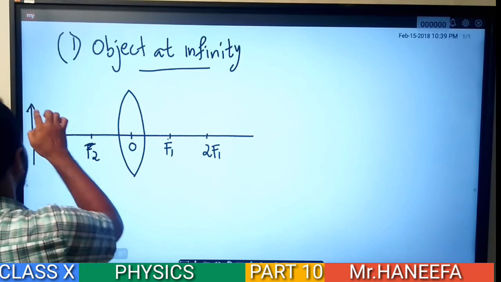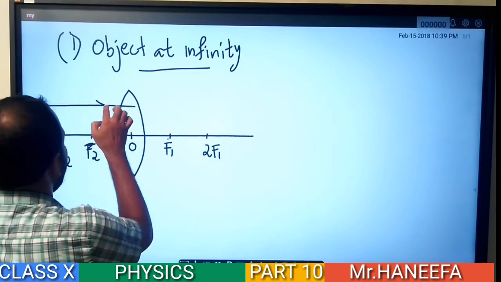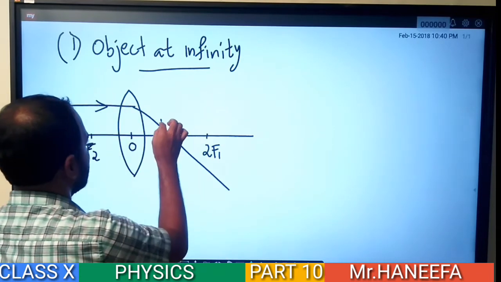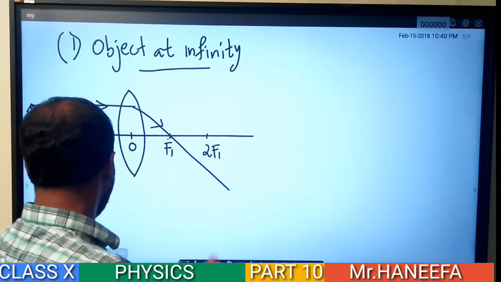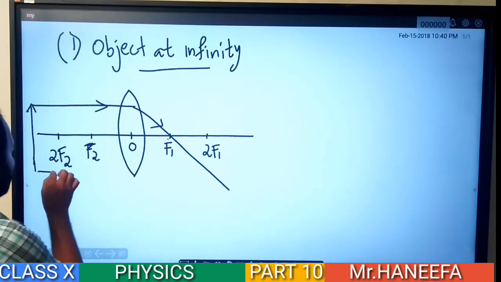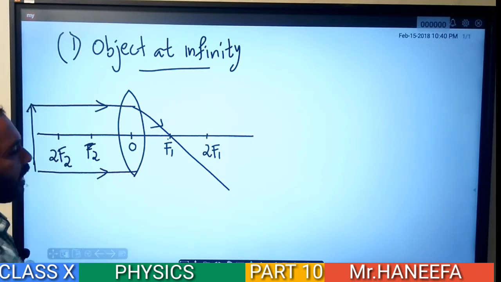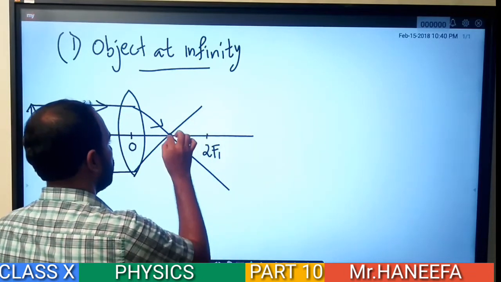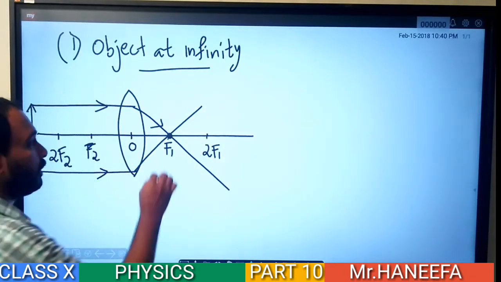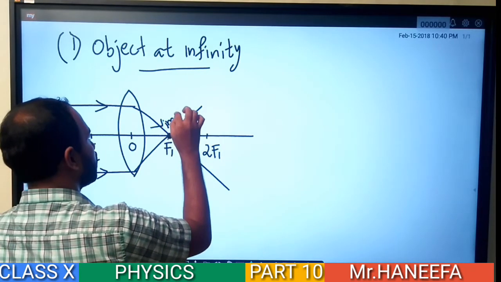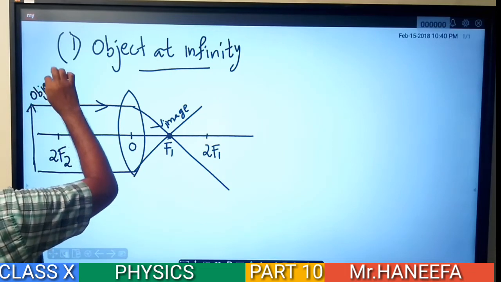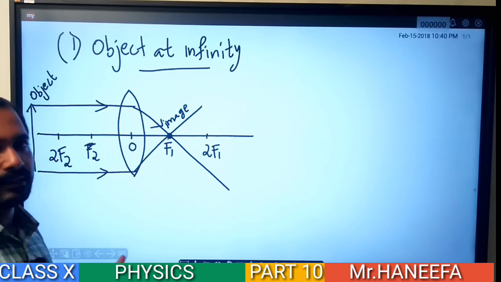The ray parallel to the principal axis, after refraction, passes through the focus. So, image is formed at the focus. When object is placed at infinity, image is formed at the focus.